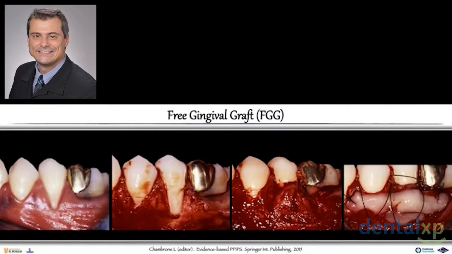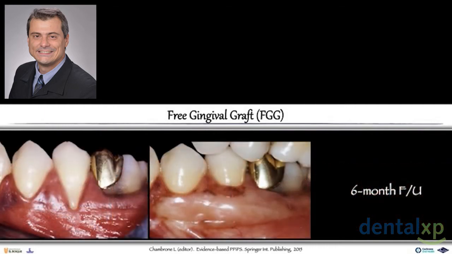Regarding the graft procedures, for instance, the free gingival graft, this can be used to treat narrow recessions. That is, recessions with less than 3 millimeters of width located in areas without aesthetic demands, like this mandibular recession.